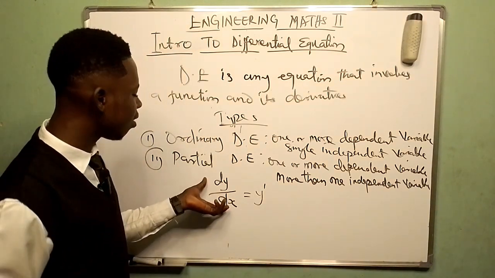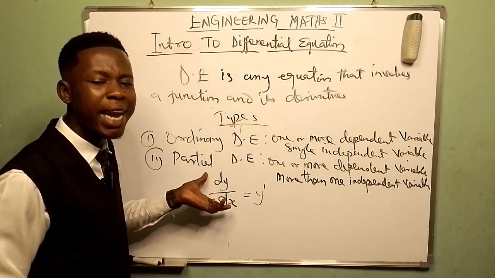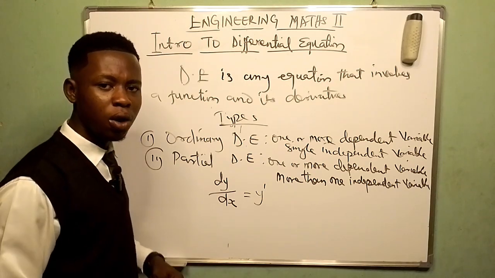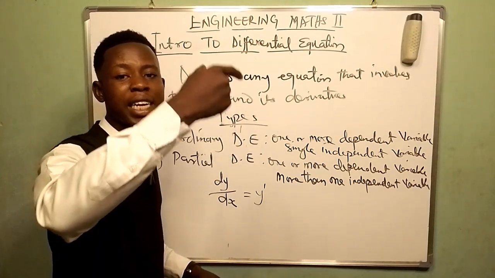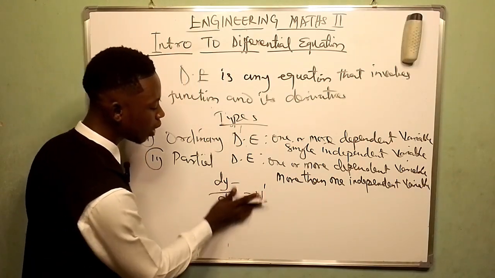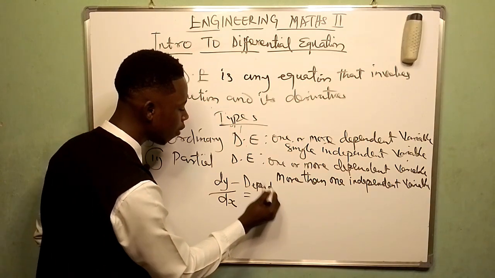But I want to use this standard one to show you the dependent variable and the independent variable. Now, whenever you see any variable at the numerator, it is your dependent variable.